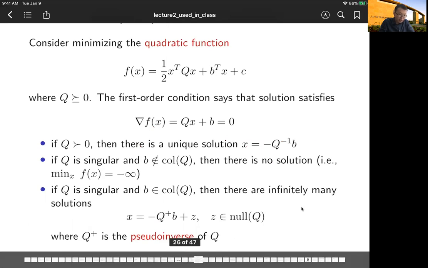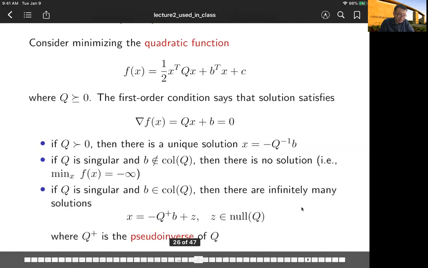When Q is not positive definite, but rather maybe positive semi-definite, meaning that some of the eigenvalues of Q are 0, then we know that if b is not in the column space of Q, there's no solution at all.